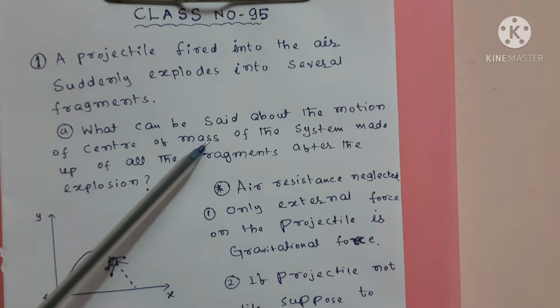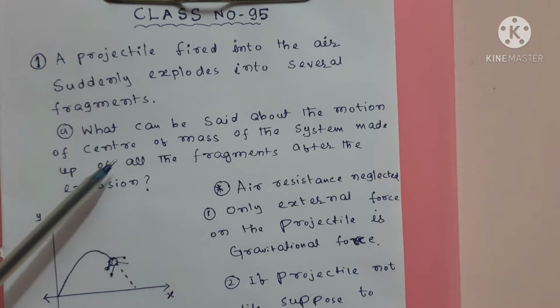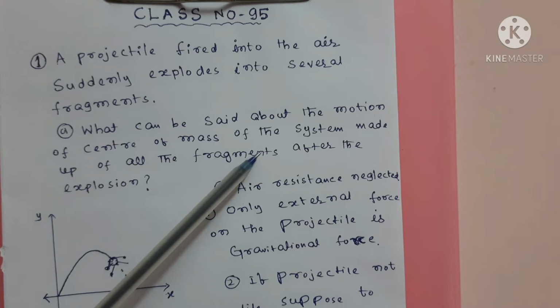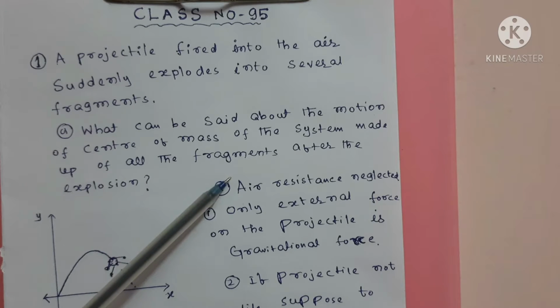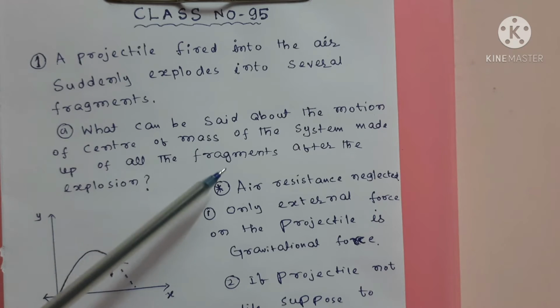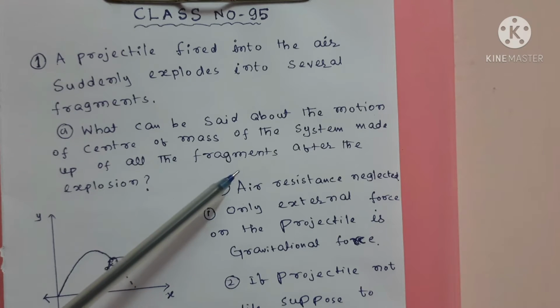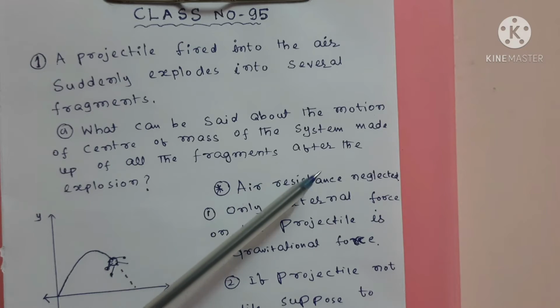What can be said about the motion of the center of mass of the system made up of all the fragments after the explosion? Here, one important thing you have to keep in mind: air resistance is neglected. Okay?